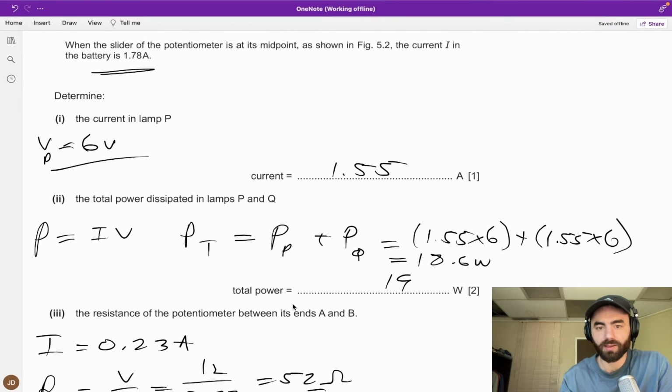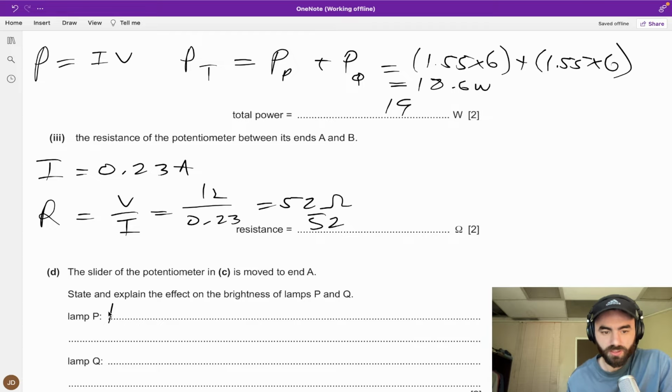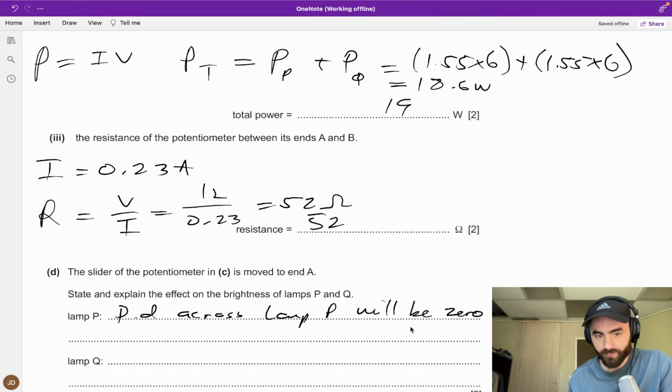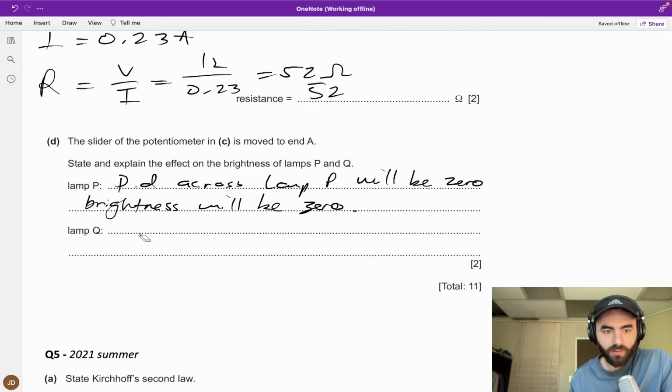So at end A, the potential difference across lamp P will be 0. So the brightness will be 0.